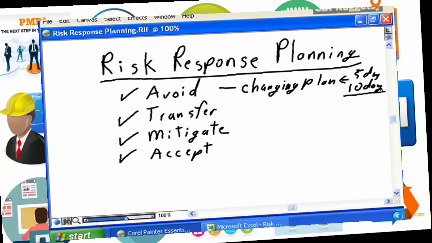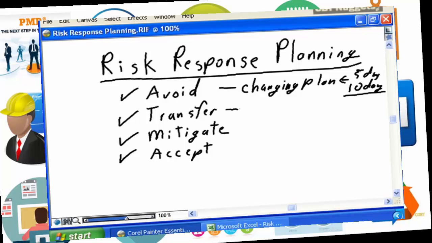We're going to avoid the possibility of inadequate training. We're going to provide that extra training in advance. So effectively, you have changed your project plan, and you have taken as much appropriate action as possible to avoid any risk of inadequate training happening on your project.